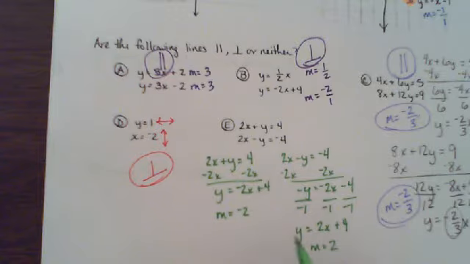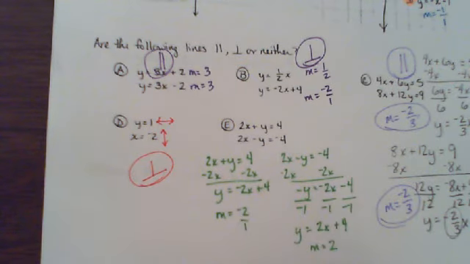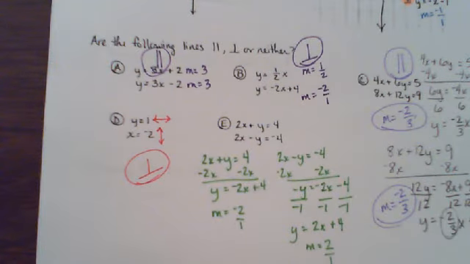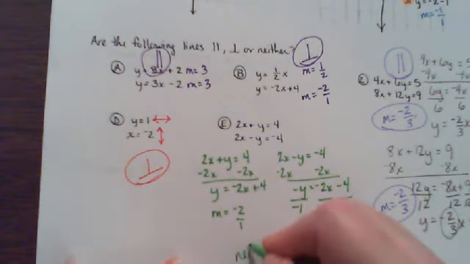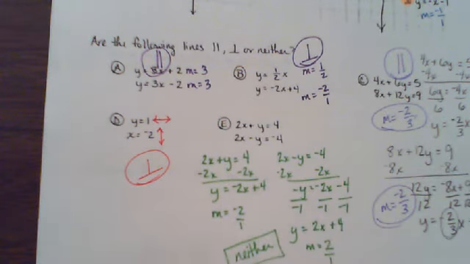Are they perpendicular? Well, one of them is negative and the other one is positive, so they do have opposite signs. But this is -2/1 and this one is +2/1. It's not a 1/2. They didn't flip it over. Since they didn't flip it over, it can't be perpendicular either, which means this one must be neither. It's not parallel or perpendicular.